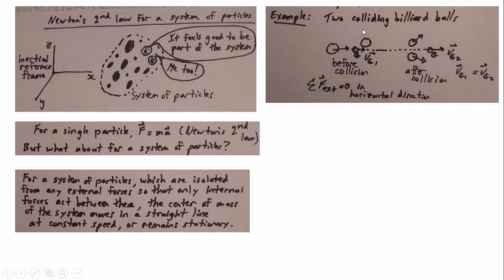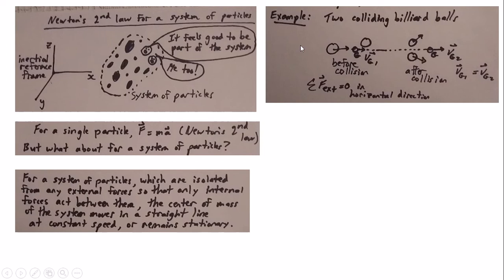So here, what we're doing is we're looking at the external forces only in the plane of motion of the billiard balls. So you can think of it as just looking at the horizontal direction. Even though there are actually external forces acting on these billiard balls, since they're sitting on the table and the table is contacting them from the bottom, then yes, there is an external force.